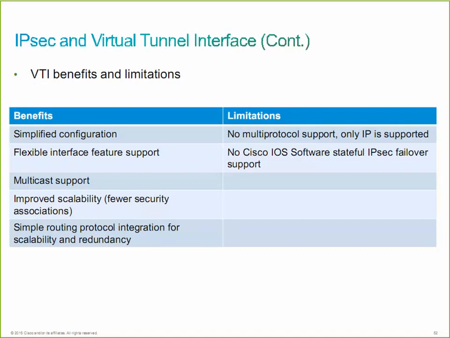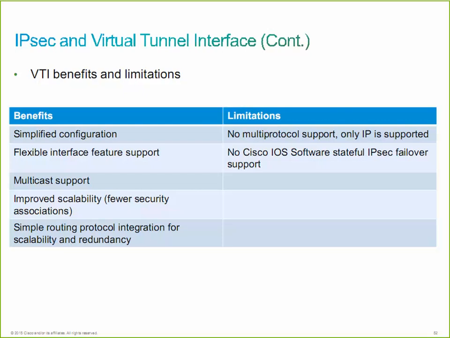Much more flexible interface feature support. With an IPsec VTI, it creates its own software-based interface, right? It's an encapsulation method that occurs directly on the Cisco IOS software interface.